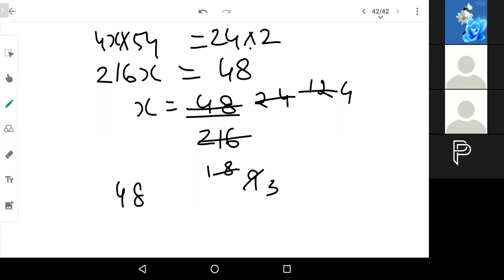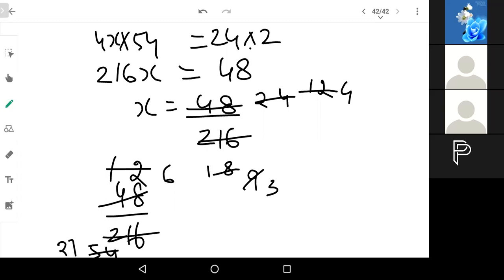Let us check with the 4 table. 4 1s are 4, 2 5s are 20, 4 4s are 16. Okay, and then again you have to come back to 2 only. 2 6s are, 2 2s are 4, 2 7s are 14. Yeah, now you will get 2 by 9. 3 2s are 6, 3 9s are 27. Now you will get 2 by 9.